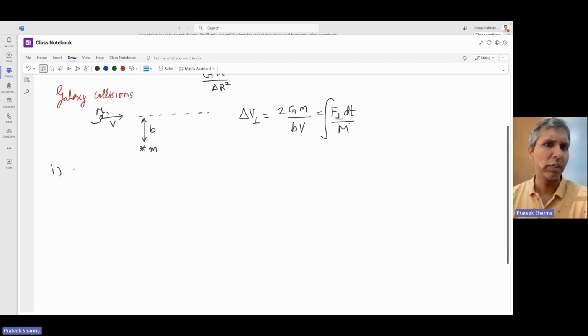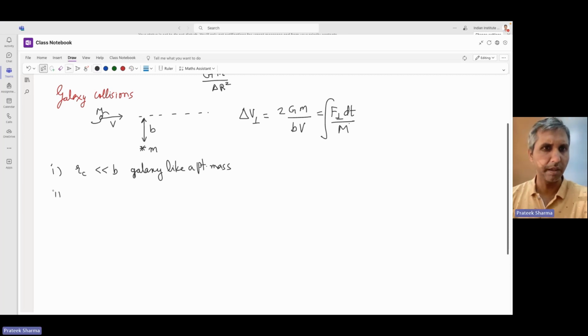First case: if the galaxy size R_c is much less than B, the extent of this galaxy is smaller than the impact parameter, then you can treat the galaxy like a point mass.